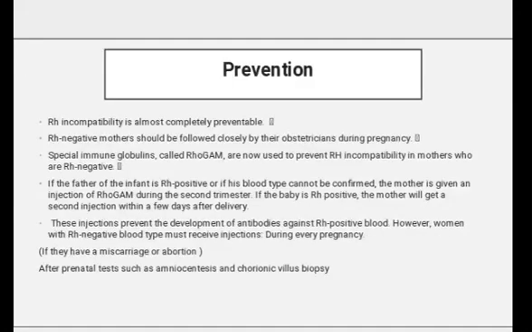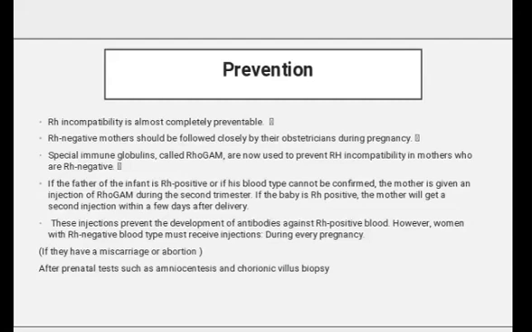Prevention can be taken to reduce the incompatibility. Rh incompatibility is almost completely preventable. An Rh negative mother should be followed closely by her obstetrician during pregnancy. Special immunoglobulins called RhoGAM are now used to prevent Rh incompatibility in mothers who are Rh negative.